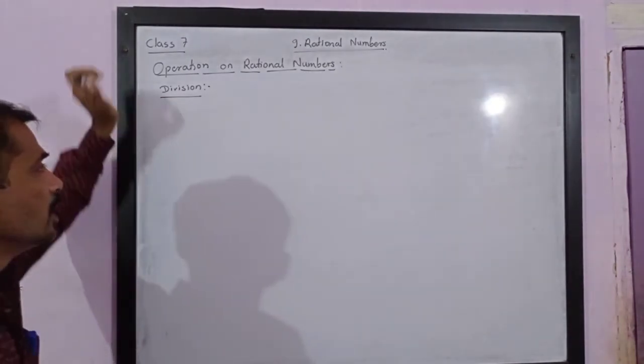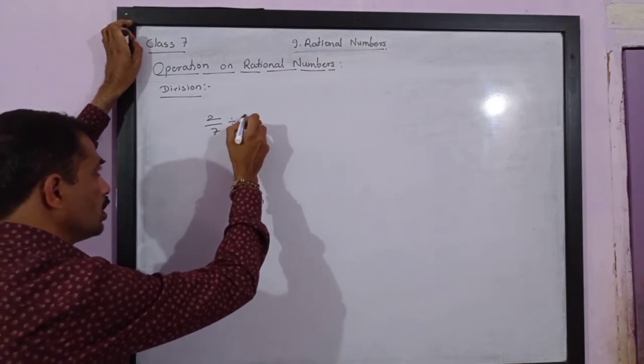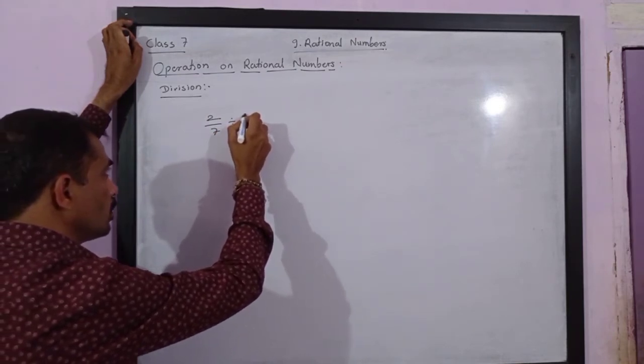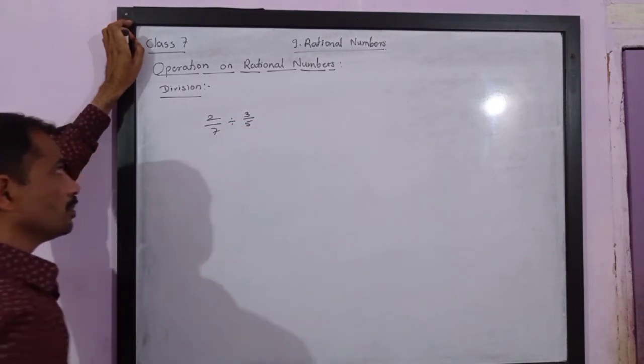Next is division. Let us see 2 upon 7 divided by 3 upon 5.